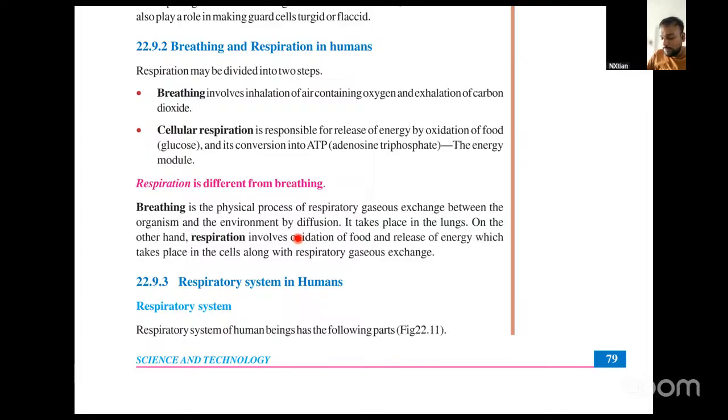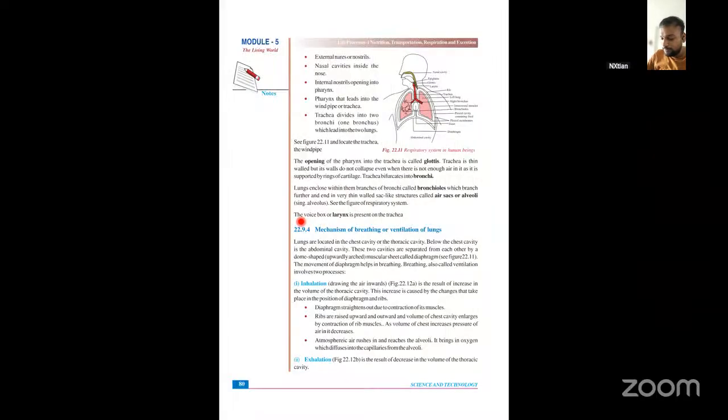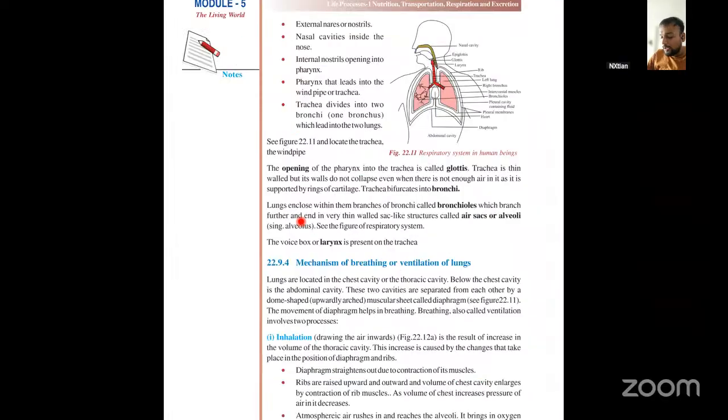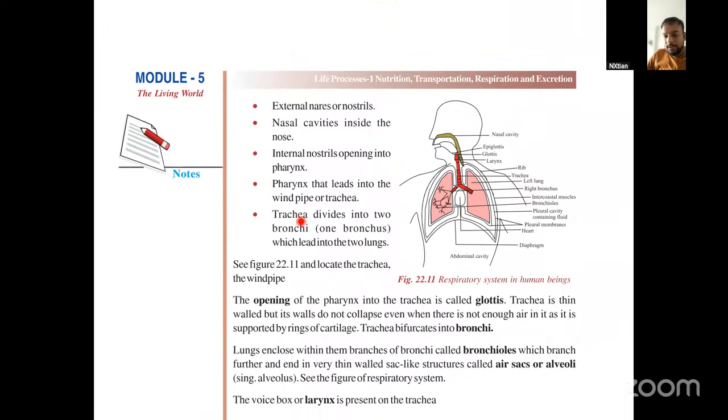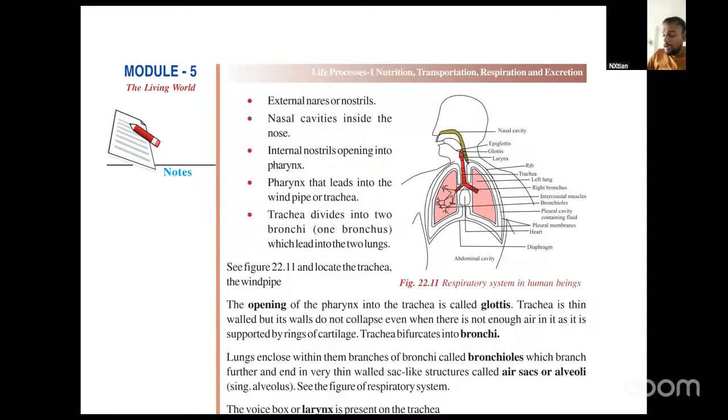Okay, we'll do it more clearly now. So this is our breathing process. See, the air will go through the nasal cavity and into the pharynx, larynx, bronchi and bronchioles, and then to the alveoli. So basically, this is our air pipe.